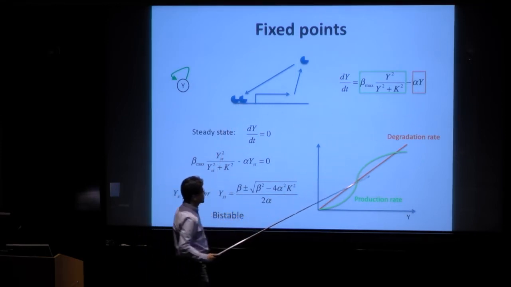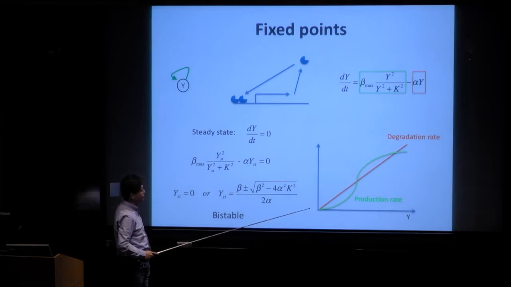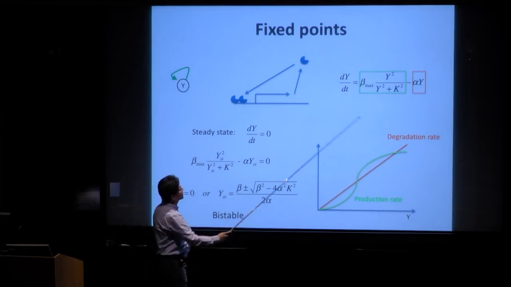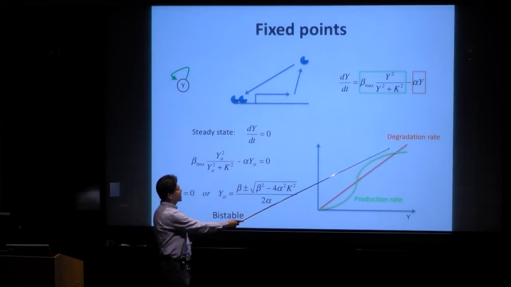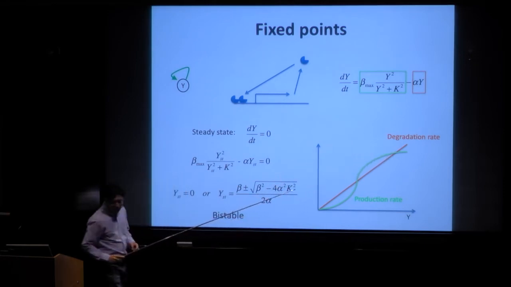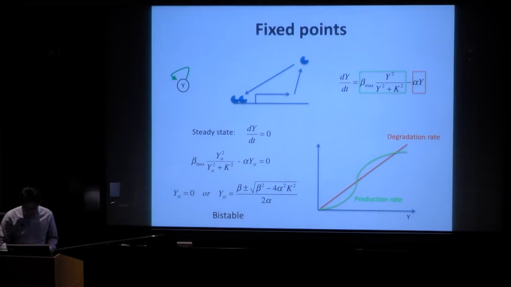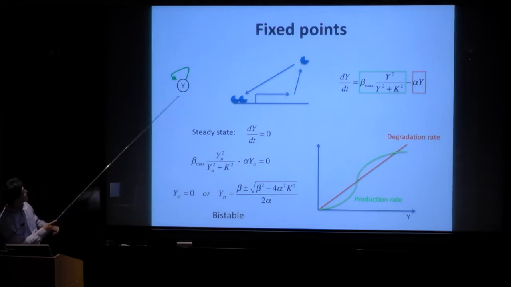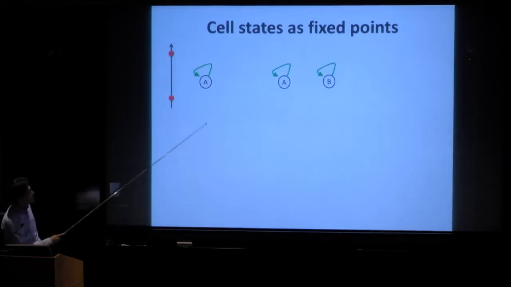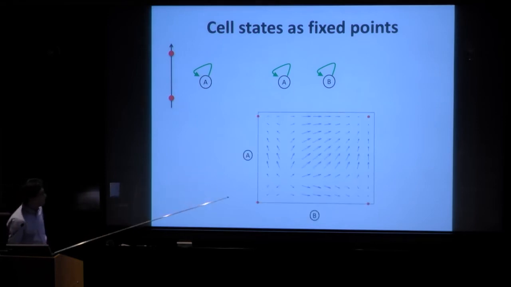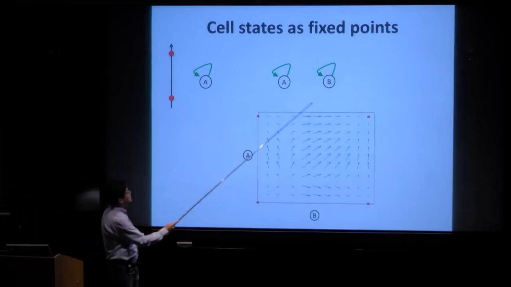For this, you can have bistability. You can have two stable fixed points: either this gene is not expressed at all, or it is expressed at a high concentration. So this is just to say that even with a single gene with autoregulation, you can have two fixed points. If you have two genes, then you can have four fixed points if they are not interacting, right?